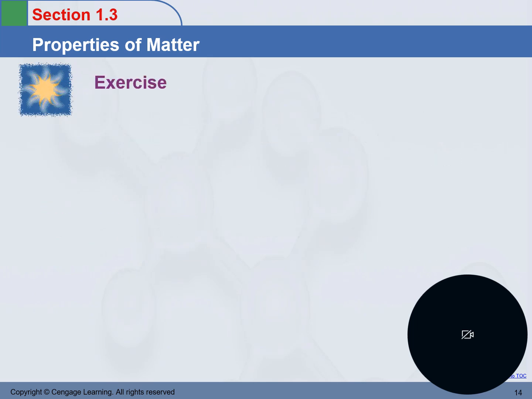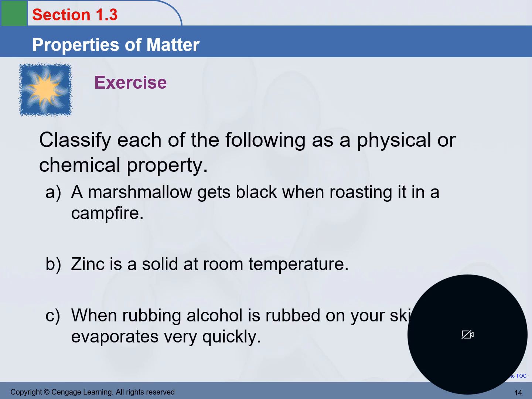So here's an exercise that we'll use to try to classify the changes that are taking place, or the type of property that is involved here. We're going to try to classify each of the following as a physical or chemical property. When you're out at a campfire roasting marshmallows and one turns black, that is a chemical reaction.